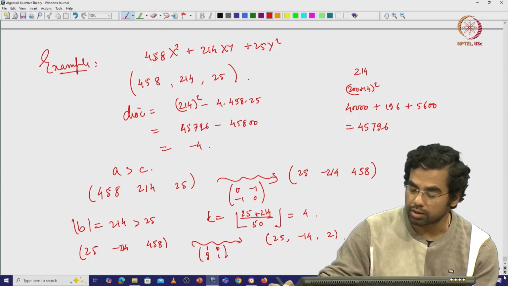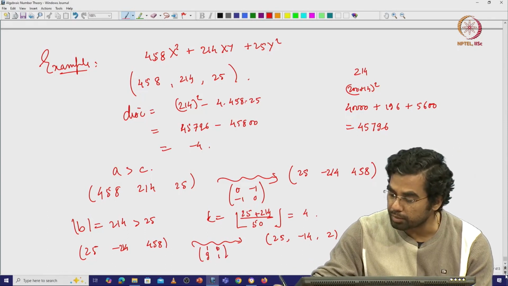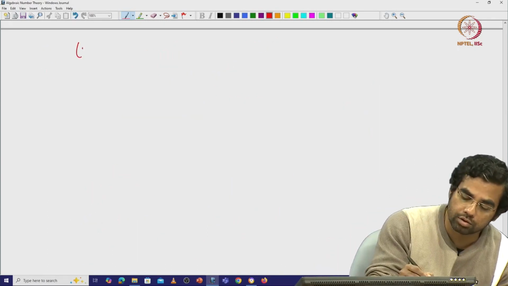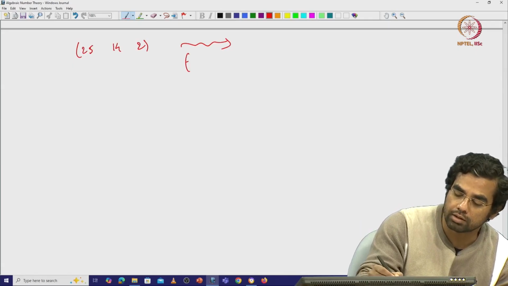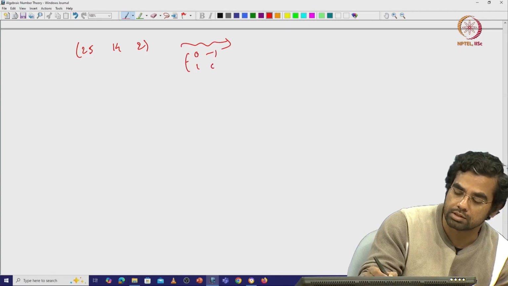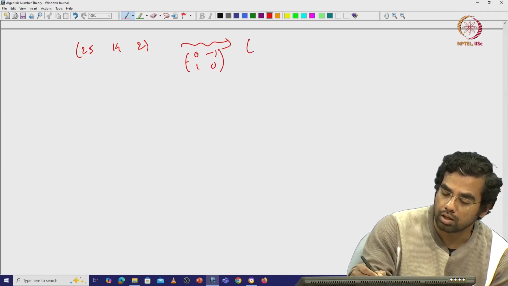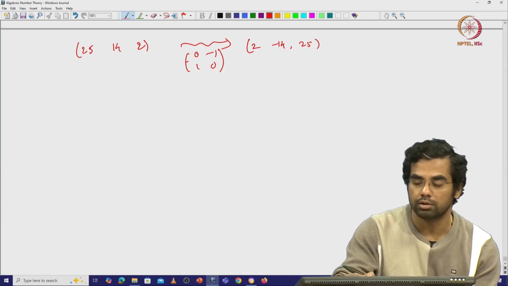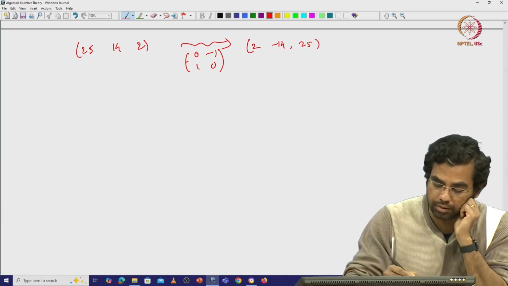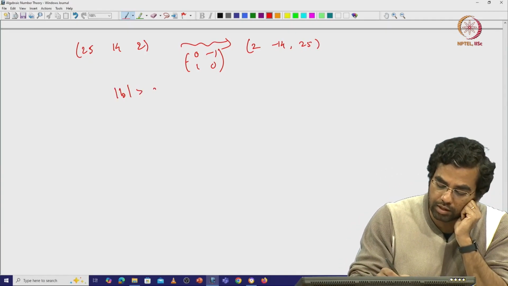Again I can apply this. So, (25, -14, 2) is equivalent, using (0, -1; 1, 0), to (2, 14, 25). Again |B| is bigger than 2.